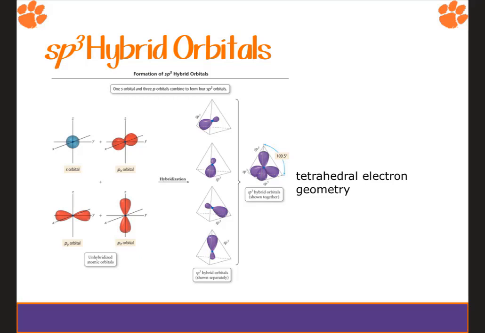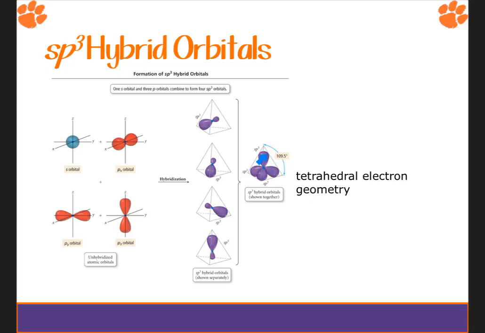Looking at these, we've got the spherical s orbital and then the dumbbell-shaped p orbital. When they all come together, they still hold their dumbbell shape, but one lobe's a little bigger than the other, so it's a little more spherical in nature. All of these come together to make our tetrahedral electron geometry, where we've got 4 areas of electron density around our central atom.